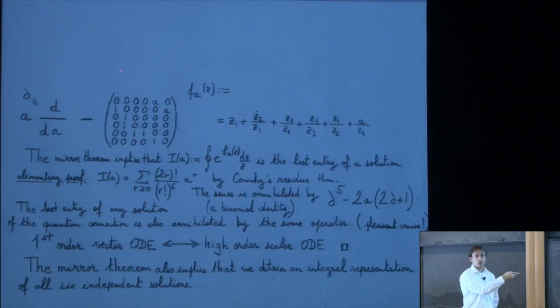It tells you that you get solutions of the ODE. Another part of the theorem, in fact it's a bit stronger, and that's a new feature for Grassmannians, is that we get all solutions this way. That's more difficult to prove.